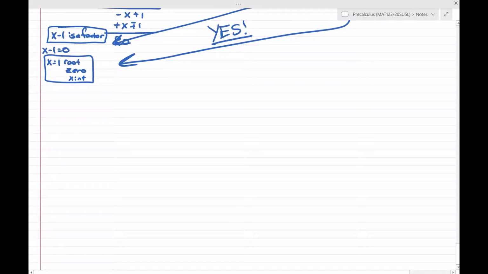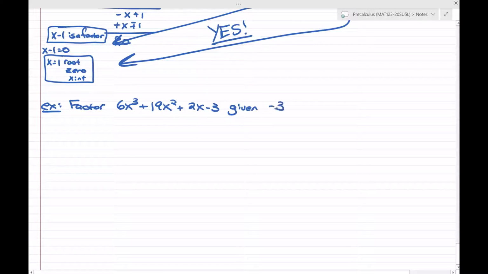Okay, so let's do the next problem. Next problem says to factor 6x to the third plus 19x squared plus 2x minus 3 given negative 3 is a 0. Well, how many factors, or even better, how many roots are we supposed to get? The answer is 3, right?